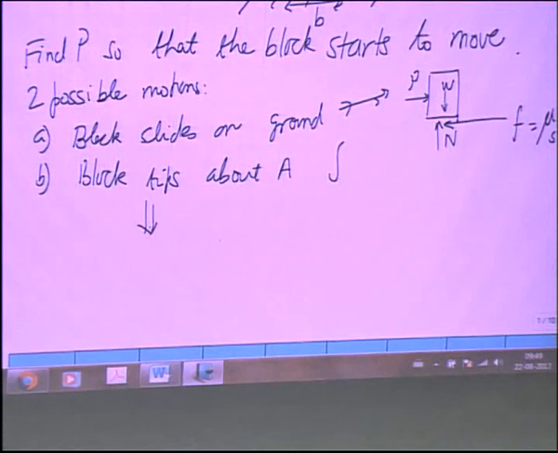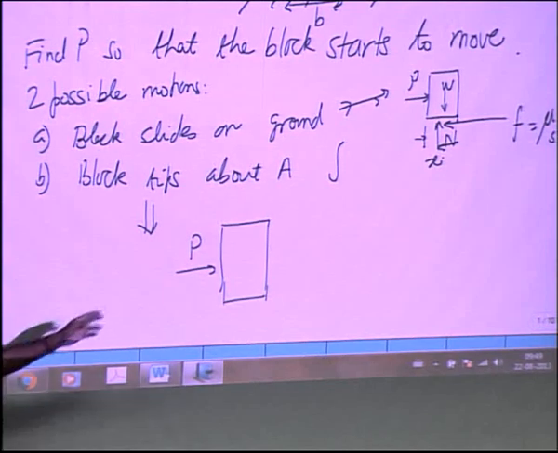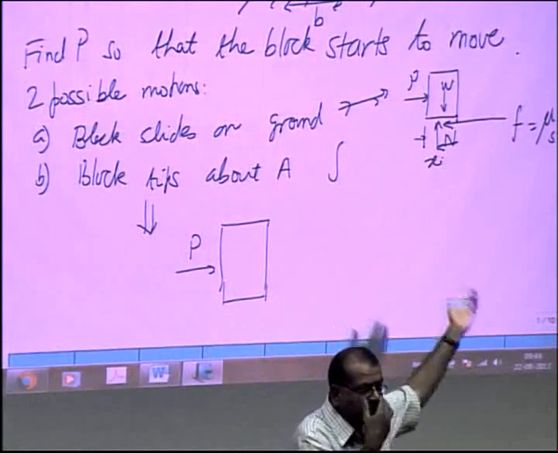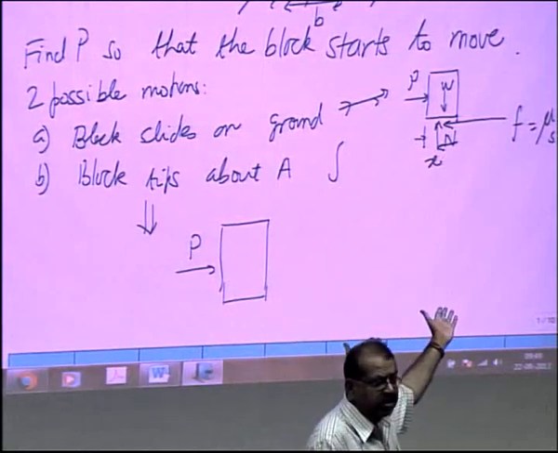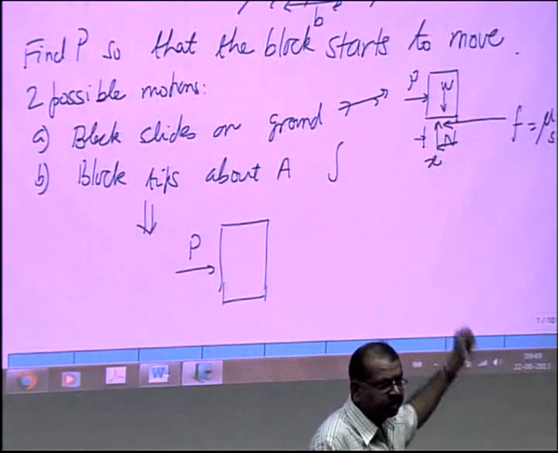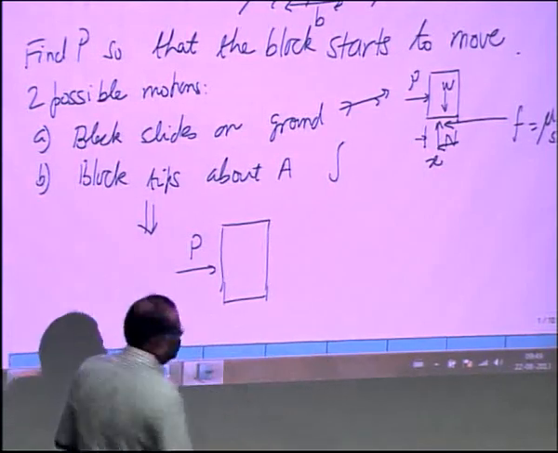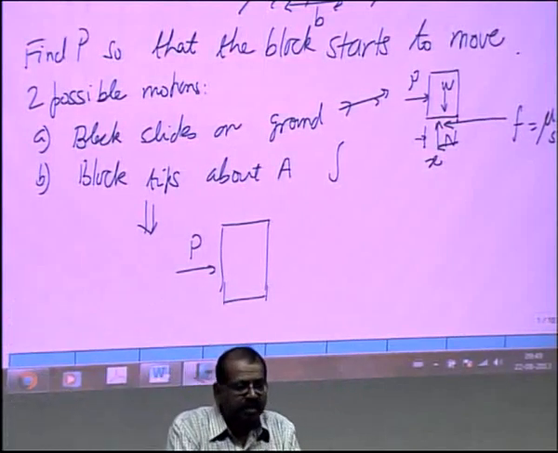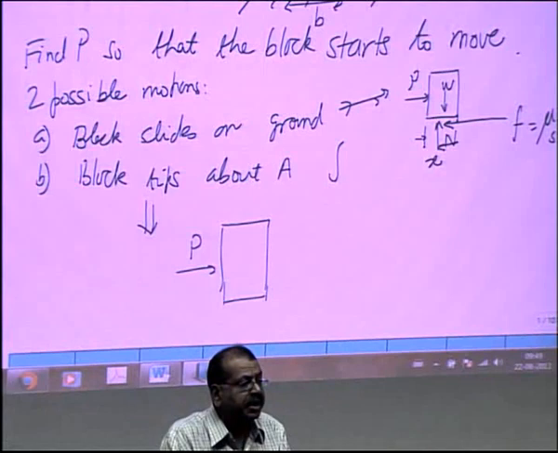In this case, if I draw the free body diagram of the block, we have the force P. Now, maybe I should explicitly show this distance x where the normal reaction is acting, which is unknown, and actually to solve the problem I do not need to find x for the slipping motion. But when the block tips about point A, just when it is about to tip, where will the contact forces be acting?